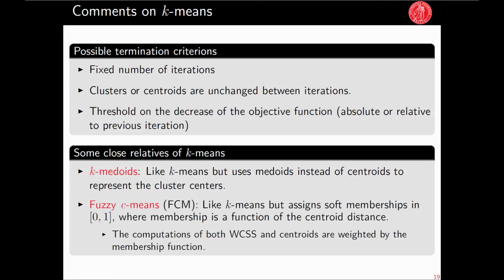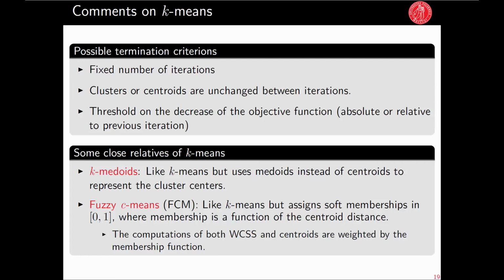Fuzzy c-means is another variation that works just like k-means as described here, but rather than assigning hard, crisp memberships to each cluster. So again, something we talked about in the previous lecture, right? These different ways to define memberships in a class.